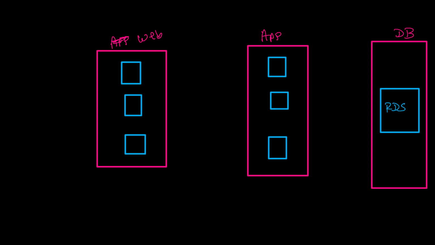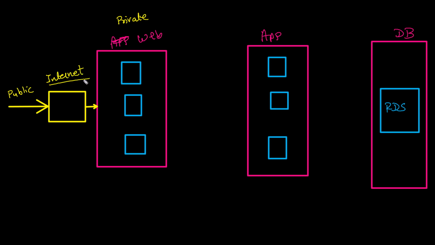What I would be doing, I would be ensuring that I deploy a load balancer which would have its front end in a public subnet so that the public can access it, meaning it can receive traffic from the internet, and then it will forward traffic to these web servers which are in my private subnet. So this one is my internet facing load balancer. On the other hand, when a web server wants to talk to an app server, I could also deploy one more component here.